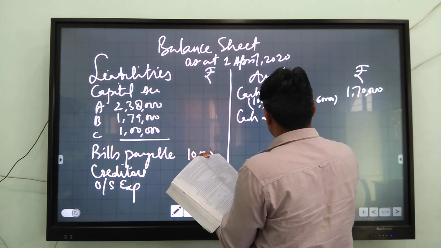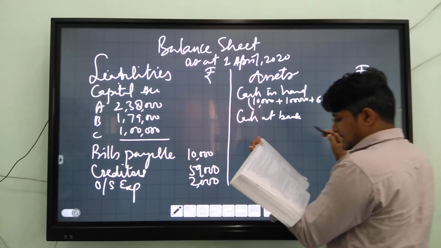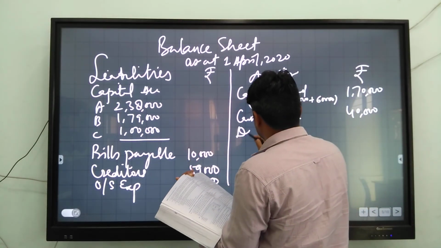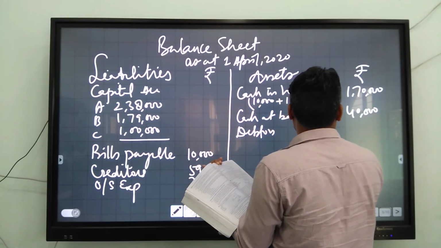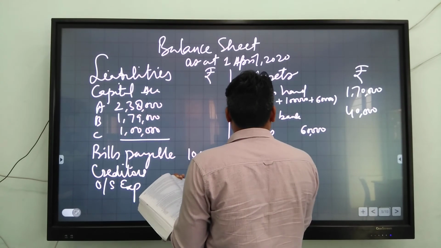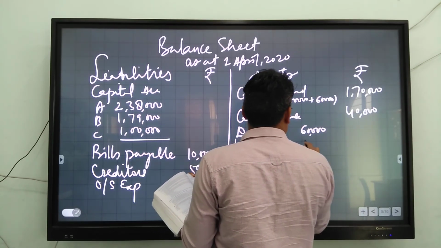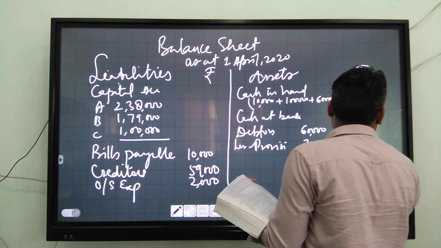Next, cash at bank. Cash at bank is 40,000. Sundry debtors. Debtors is given 60,000. Less provision 3,000 and you write 57,000.